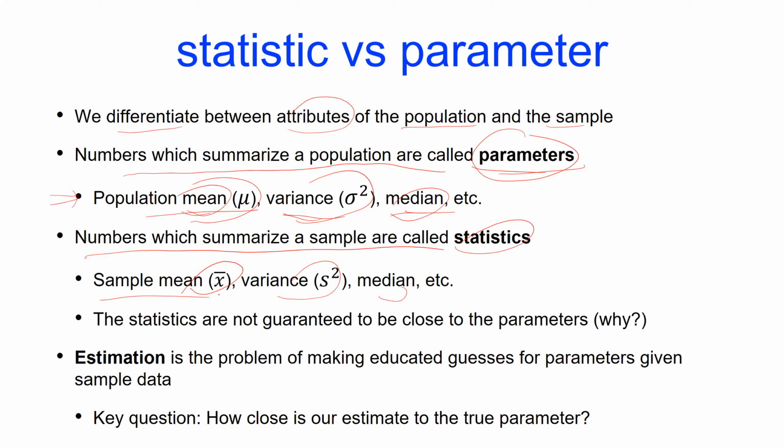For example, if I want to see the mean height of this class, I take each single measure of you, get your height, then add them all and divide by the total number. Then I get the average. So the sample mean is much easier to compute.